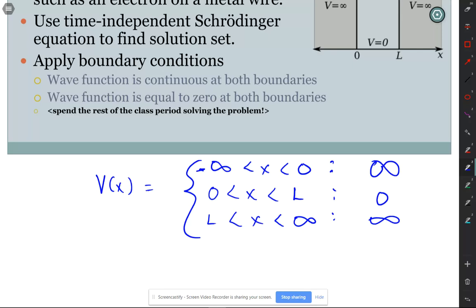And so we didn't do the integrals from minus infinity to 0 because if your potential energy is infinite, the probability of it being there is 0, so psi was 0 in that region. We didn't do it from L to infinity for the same reason, because psi was 0.